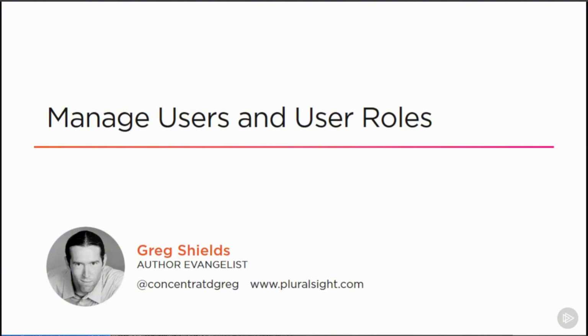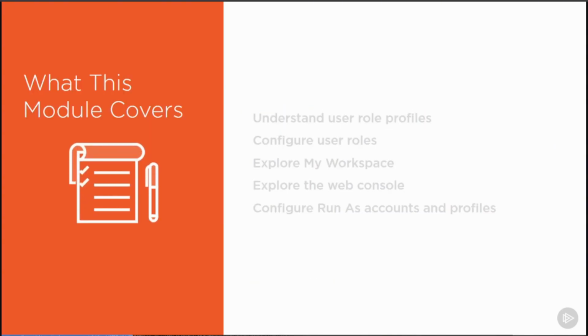And so here in this module, this is perhaps the very first of the user roles modules I've put together that has some really interesting content in it to this point. Here in this module, we are going to talk about the different ways in which you can configure user roles and the kind of somewhat strange way in which Operations Manager makes available your abilities to determine who gets access to what.